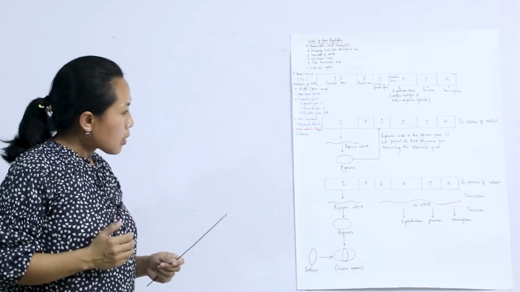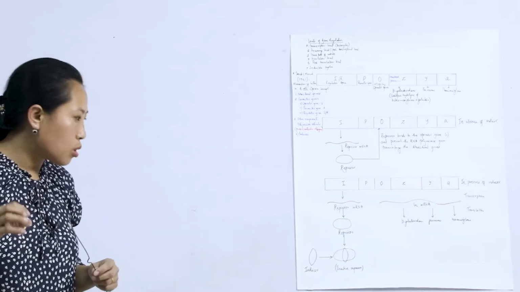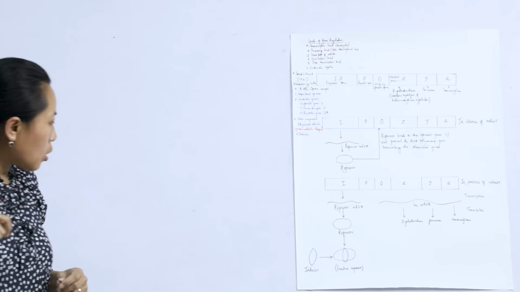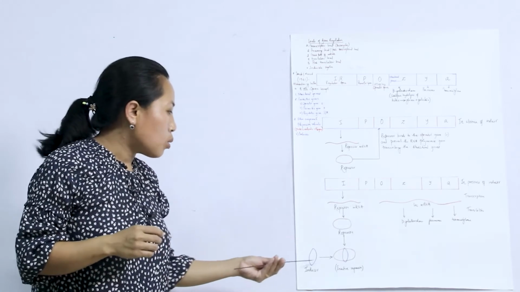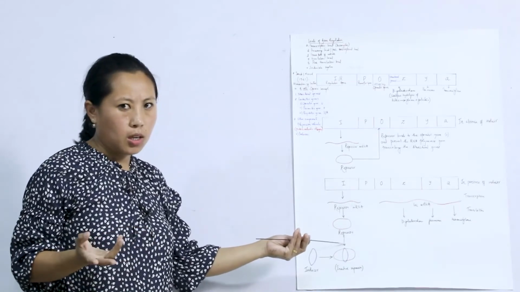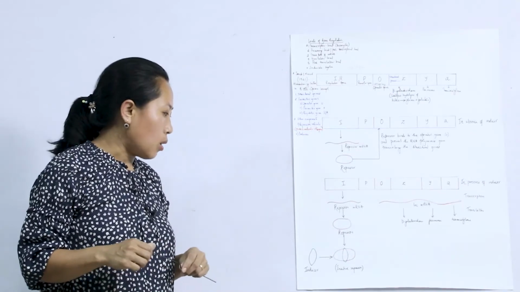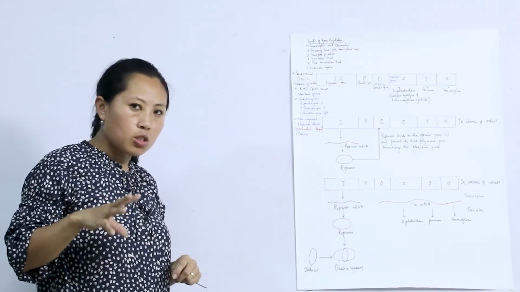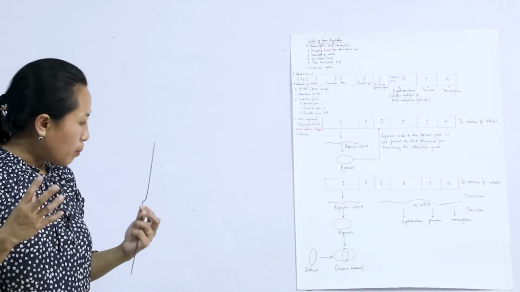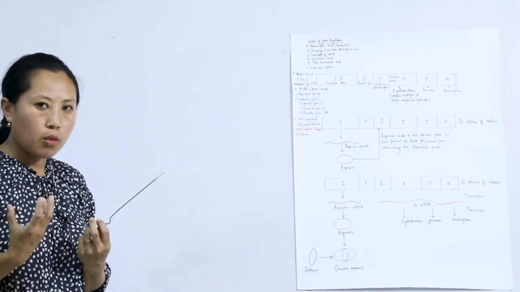Okay, in the next experiment, in the presence of inducer, that means when lactose is added into the medium, these inducers go and bind to the repressor molecule, which has been transcribed from the I gene or R gene, bringing about a conformational change in the structure of the repressor.